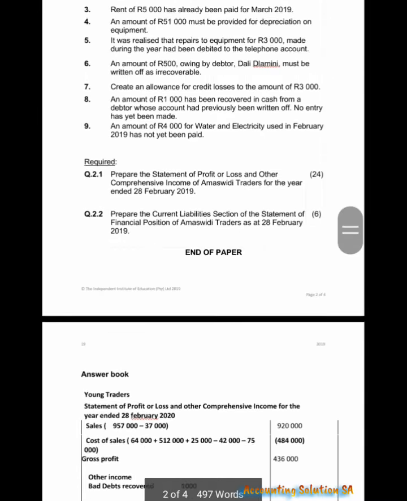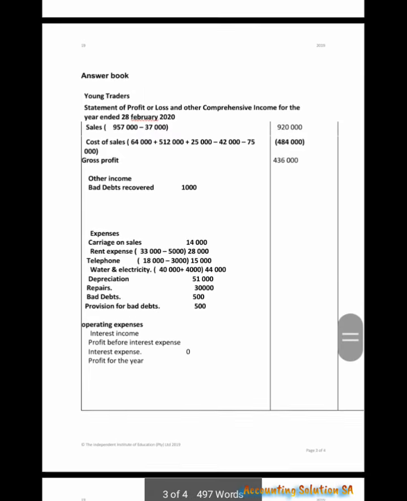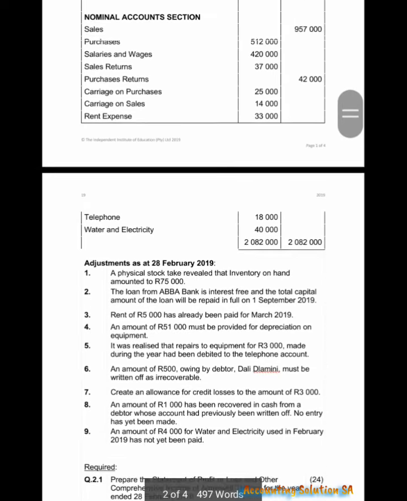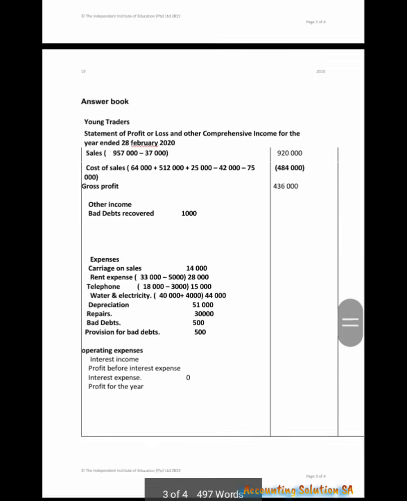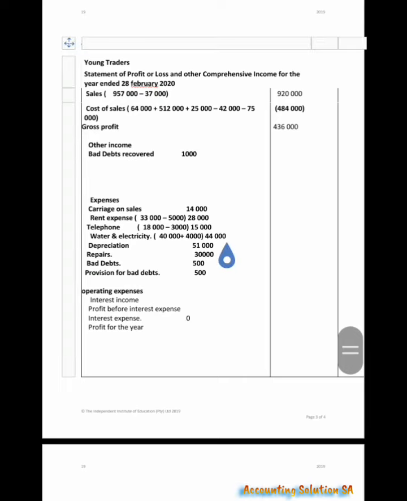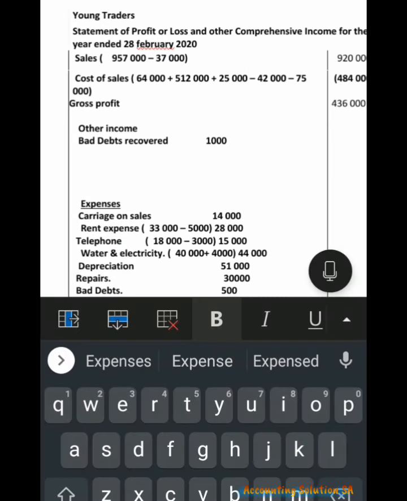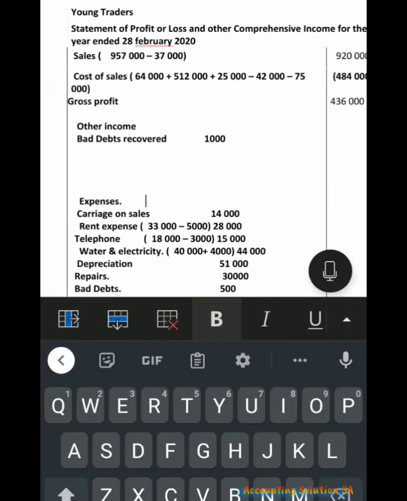Then we are done with all the transactions, which means that now we have to calculate total expense, which we are going to say 14,000 plus 28,000 plus 15,000 plus 44,000 plus 51,000 plus 30,000 plus 500 plus 500, which is going to give us a total expense of 183,000.